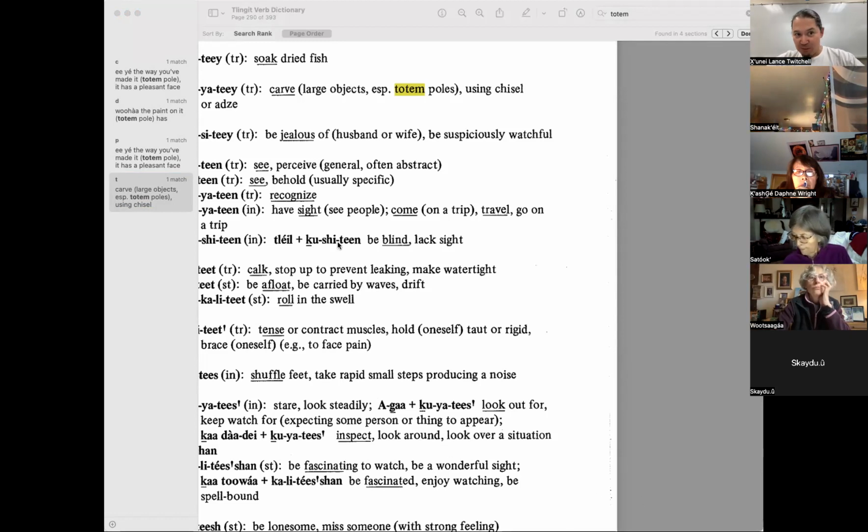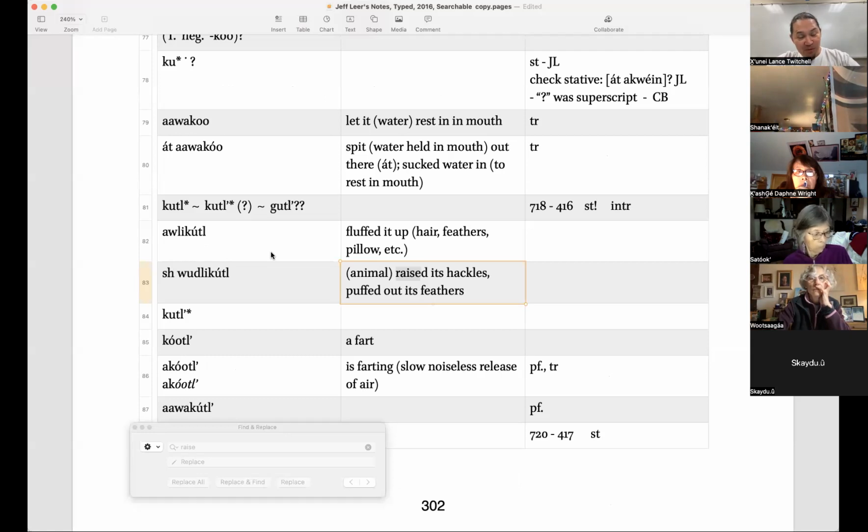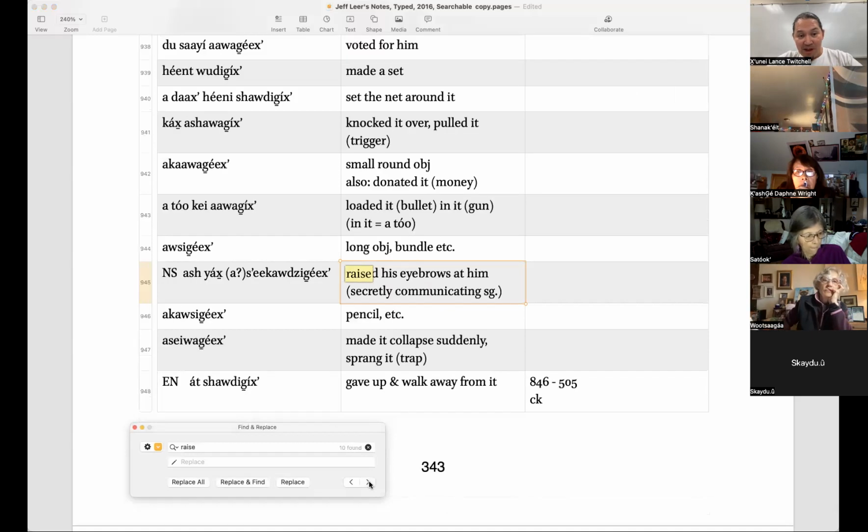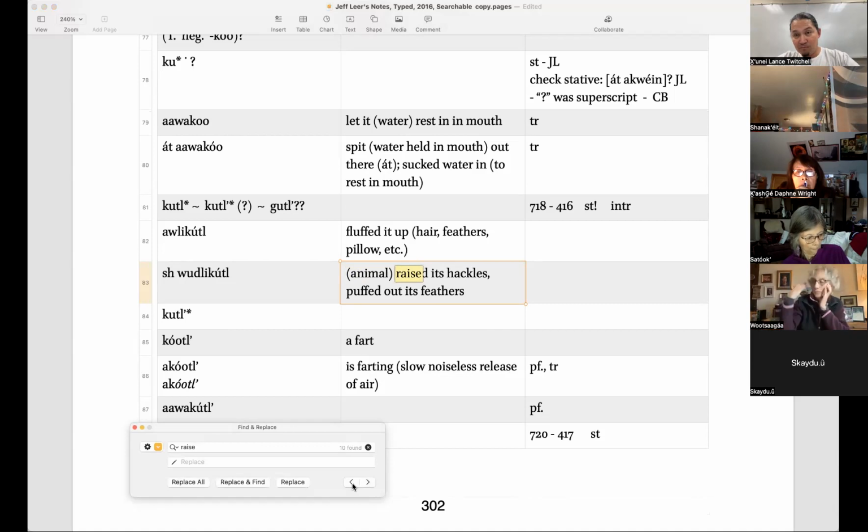We'll wait for that. I was just looking through for raise, and you've got raise that's hackles. That's pretty cool. I've got a dog who does that. So you've got shwutlikut, to fluff up one's own feathers or hair. Puffing out, getting big. But is raise just for that, with animals, or is it raise period?